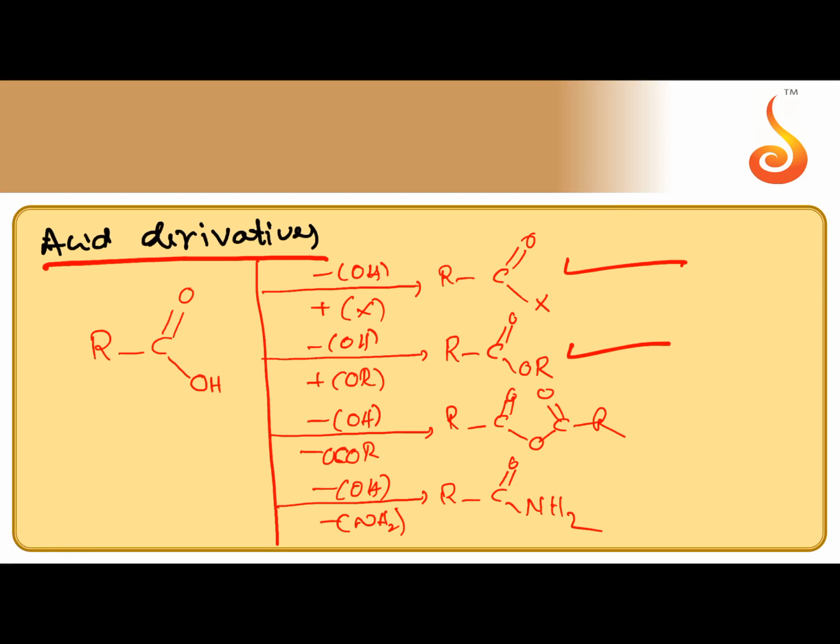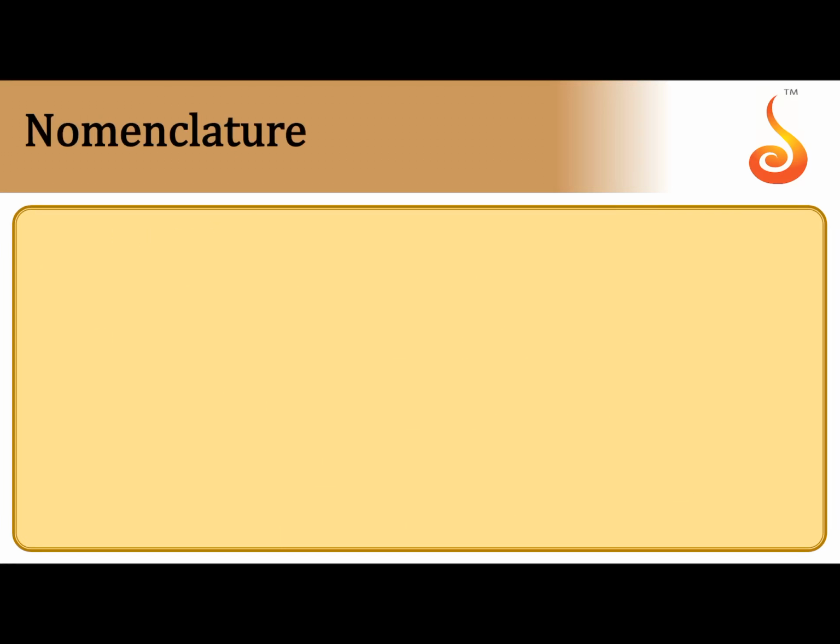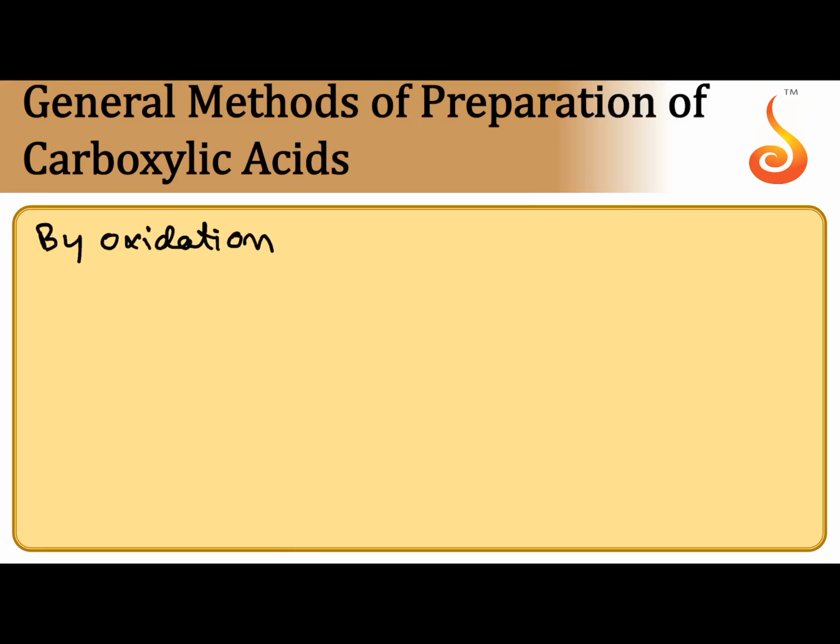So acid halide, ester, acid anhydride, acid amide, these are all acid derivatives. We can prepare these 4 acid derivatives from carboxylic acids. At the same time, from these 4 acid derivatives, we can get carboxylic acid by the hydrolysis process. So nomenclature, no need to discuss too much.